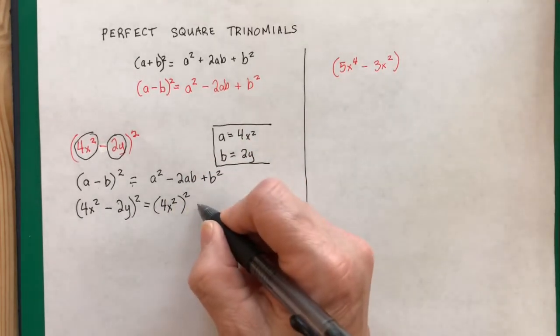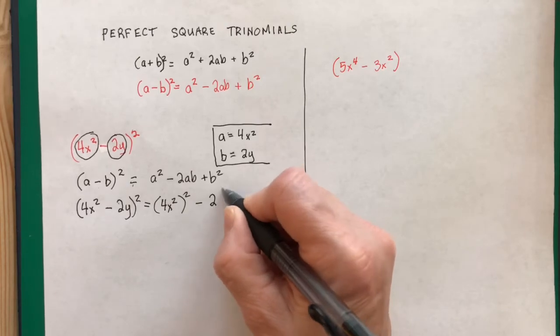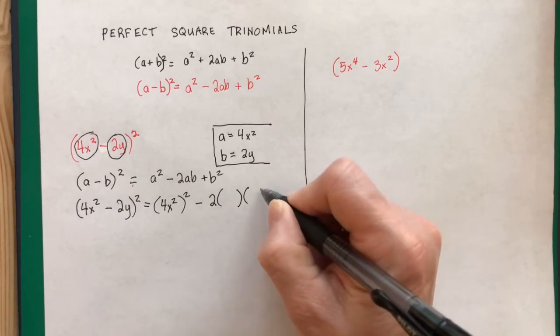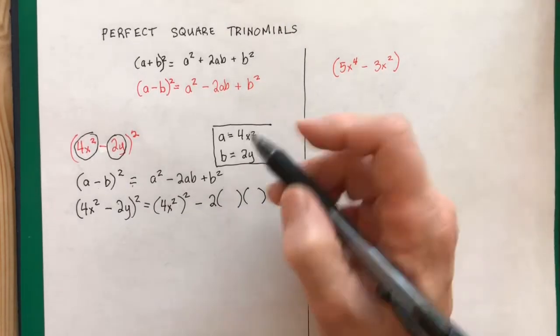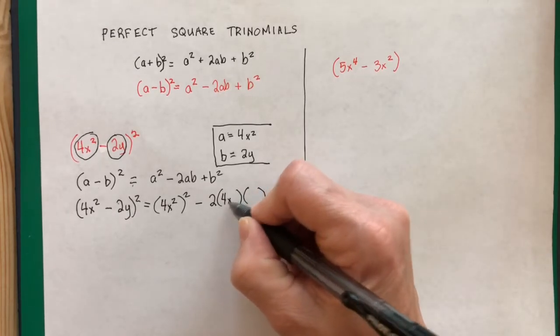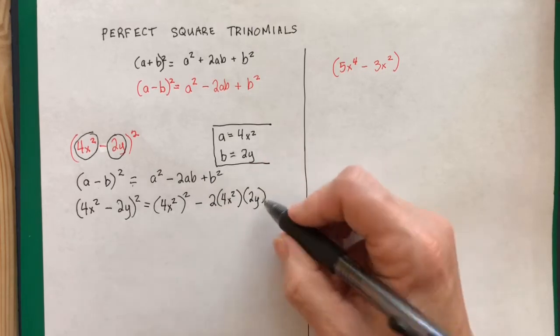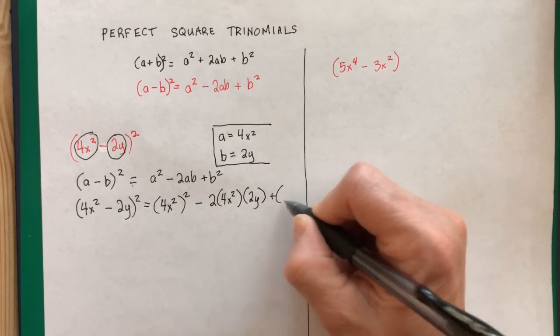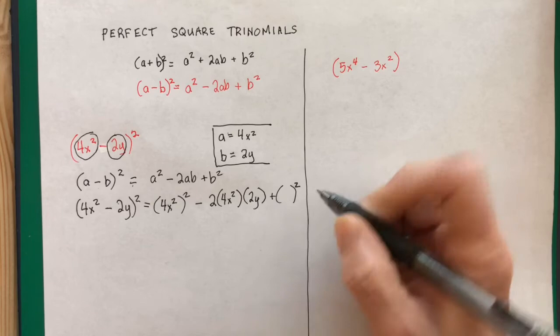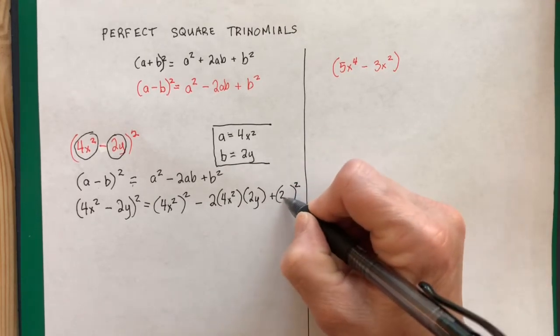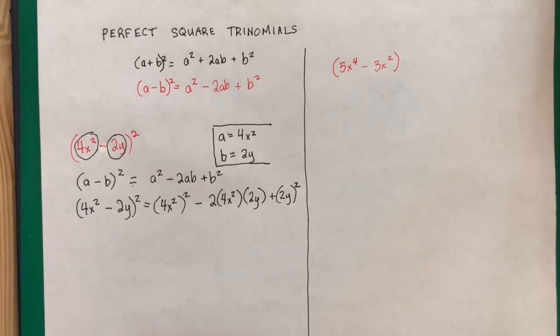Then I am going to say minus 2, and I'm going to multiply 2 times a times b. So a is 4x squared, b is 2y. Now the last part is b squared. So I'll put my parentheses for my b value, and b is 2y. All of that is squared.